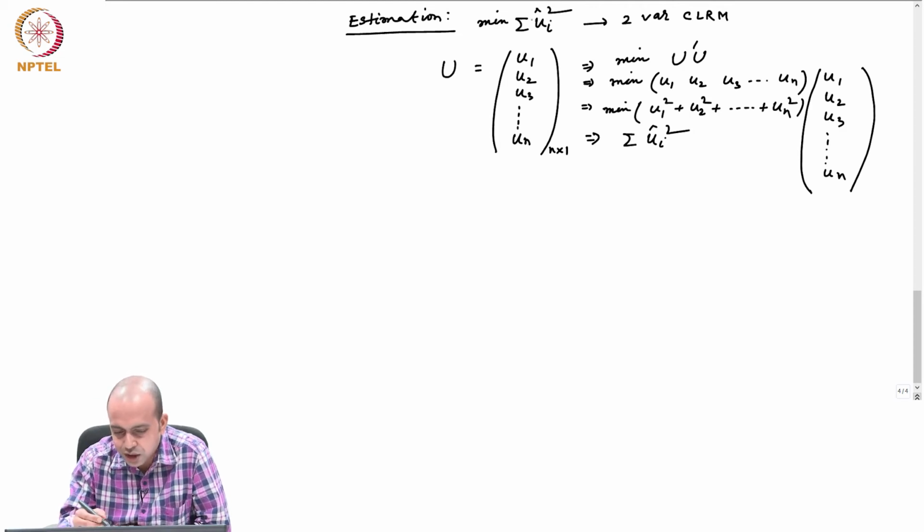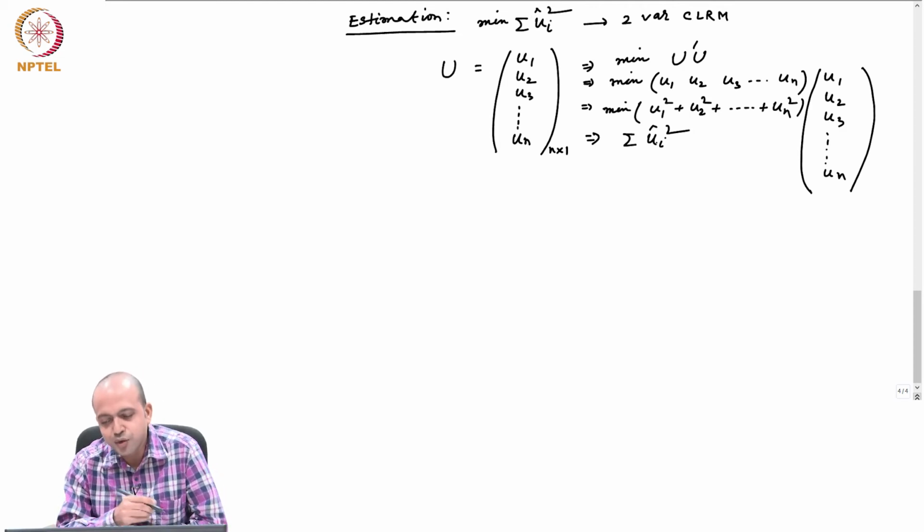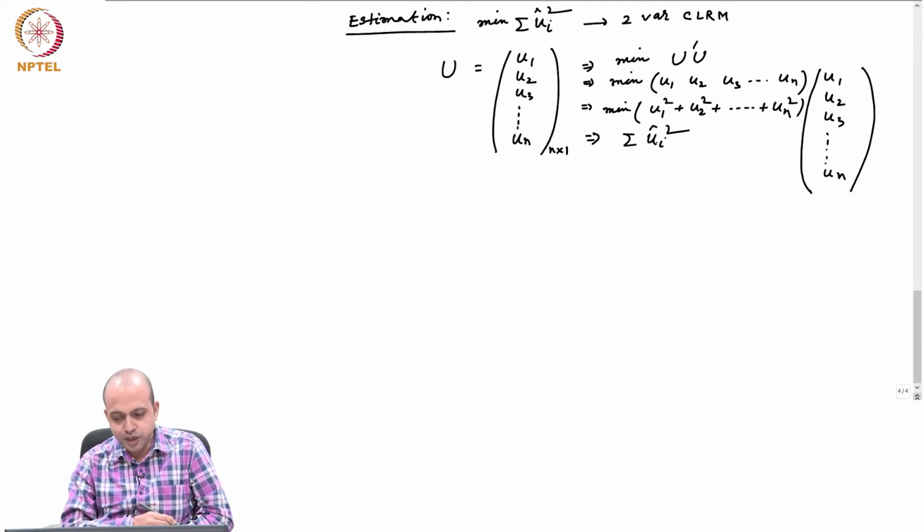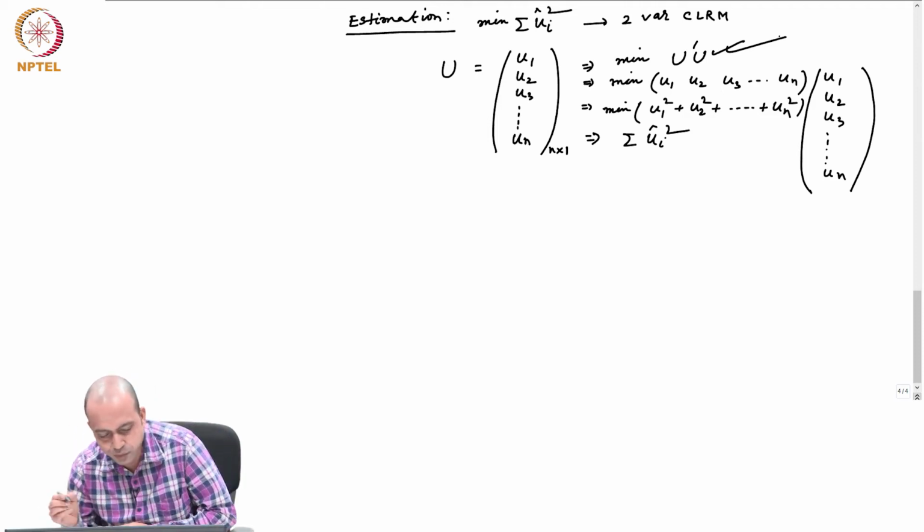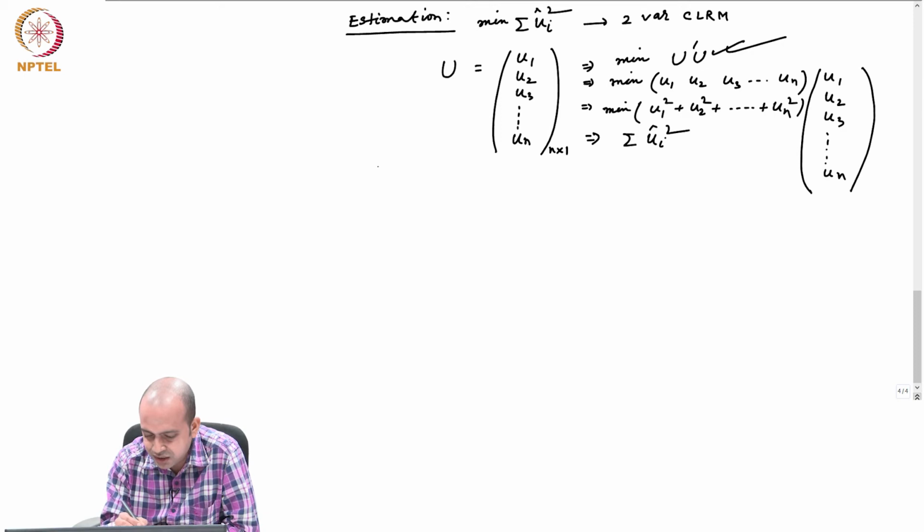So, this and this now becomes similar. What we minimize here, this is the form we have to keep in mind, that we have to minimize u prime u.